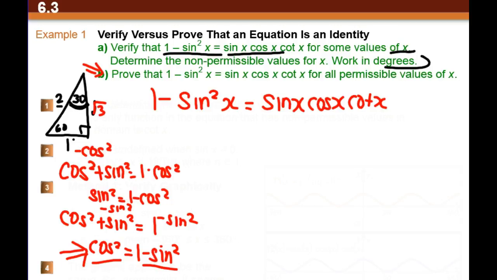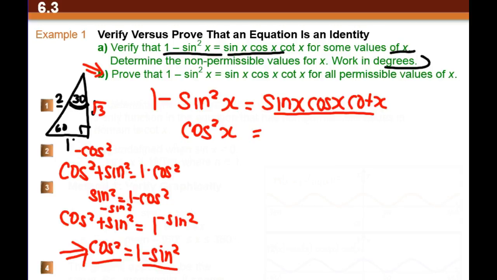We have a 1 minus sine squared here. So instead of having 1 minus sine squared, what could we put? We could put cos squared. So we simplified that side. And if we can get this side here to equal cos squared, then we've proved it.